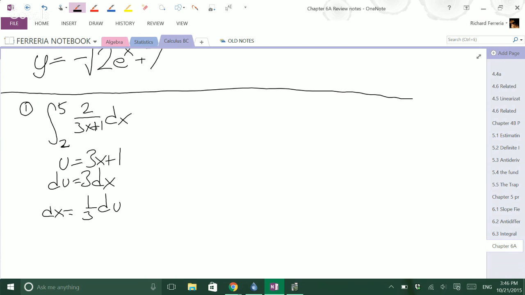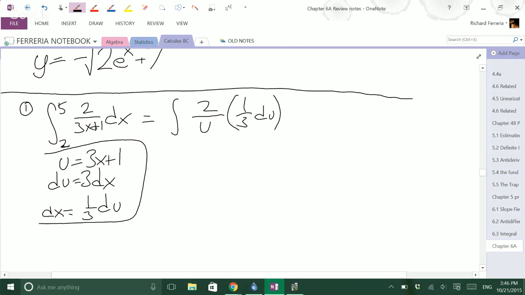So I'm just going to worry about the antiderivative for now. Antiderivative here, this is going to be the antiderivative of, well, the 2 is still there. 3x plus 1 becomes u. dx becomes 1/3 du. We do some combining, and we find we get 2/3 antiderivative of du over u.